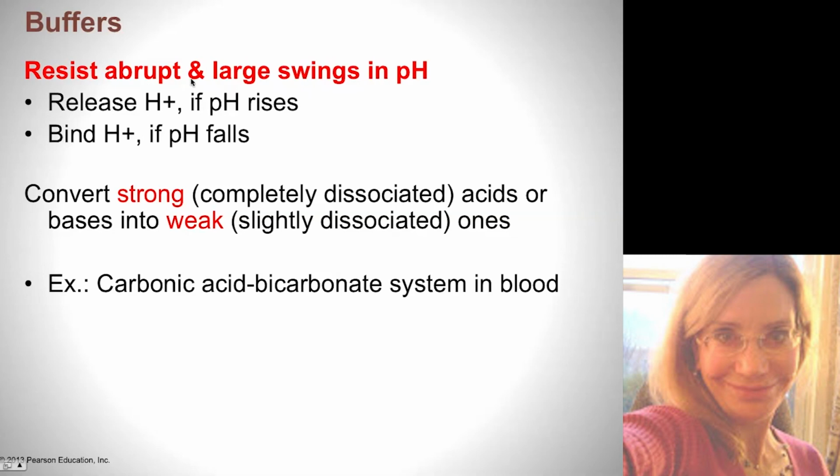So if you have a buffer present, it can release hydrogen ion to neutralize that to a degree. A buffer will also bind hydrogen ion if the pH falls into that acidic range. A buffer will convert a strong or completely dissociated acid or base into a weak or slightly dissociated one. So this will resist, again, abrupt or large swings in pH.